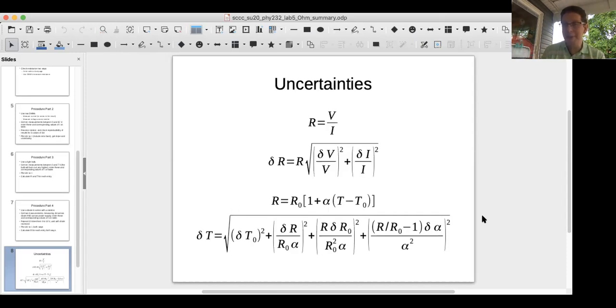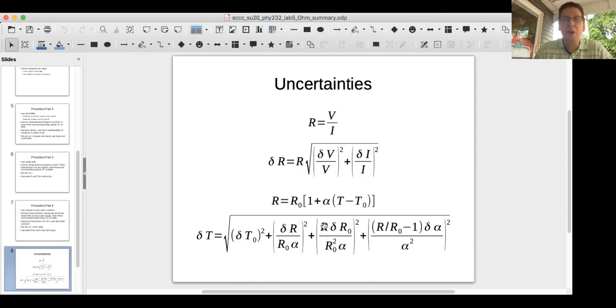This is a little bit complicated, but I'll show you the steps. You take your uncertainty in T naught, squared. That's going to be 1 degree Fahrenheit. You're going to convert that to Celsius and square it. Then you want your uncertainty in your resistance that you calculated up here, divided by R naught times alpha. You're squaring that.